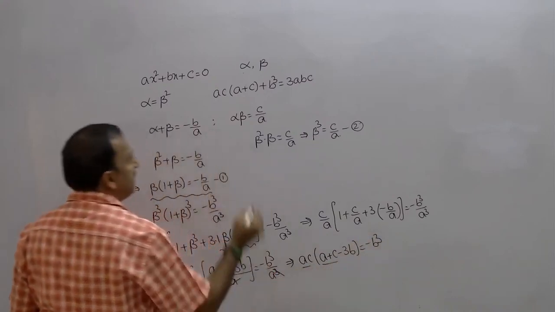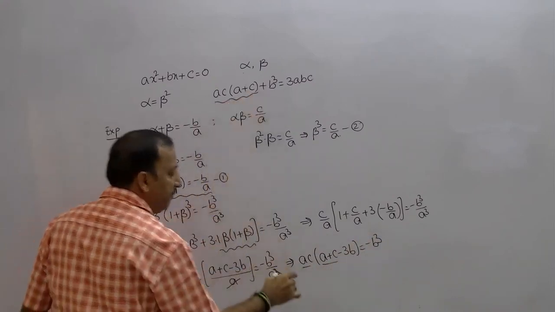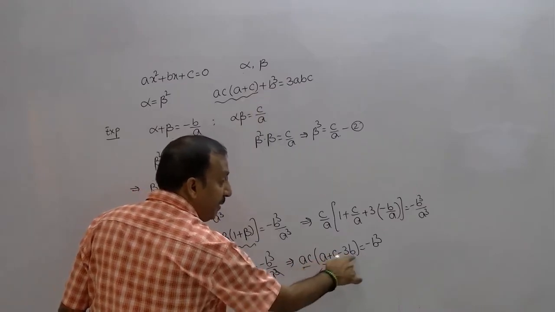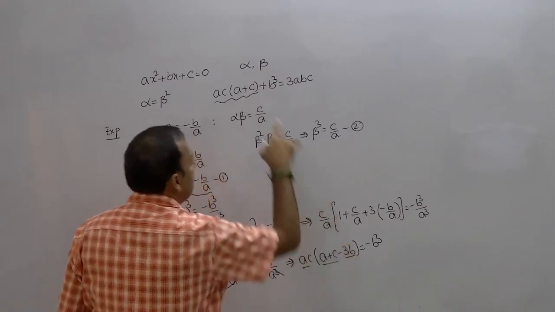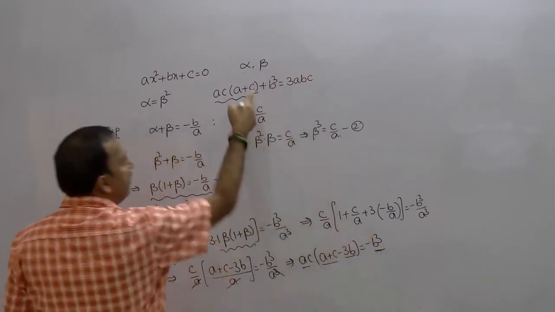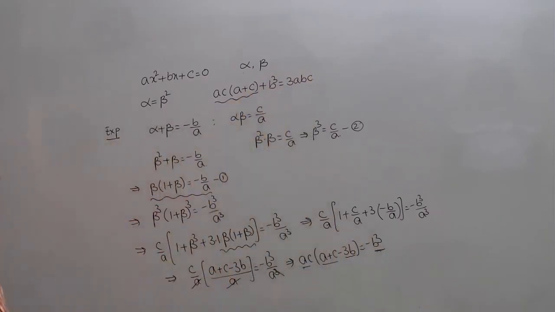Take the term to the right hand side and bring this minus b cube to the left hand side. Then we will get AC into (a plus c) plus b cube is equal to 3abc. It is the condition that one root of the equation is the square of the other root.